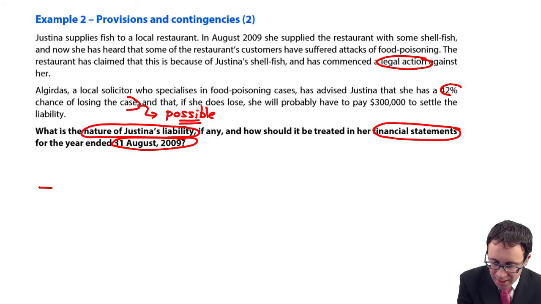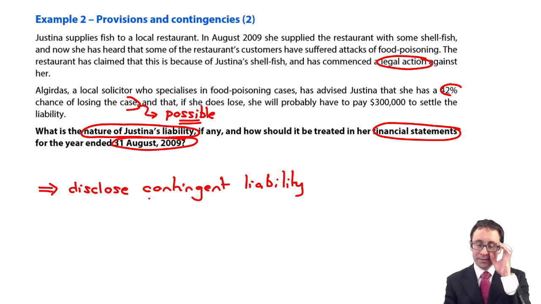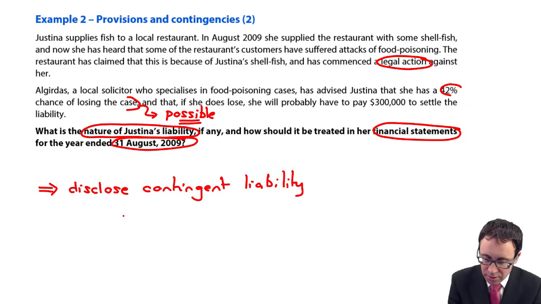So if that is the case, then what we're going to have to do is within the notes to the accounts, we will disclose a contingent liability. Okay. In terms of the disclosure, what do we disclose?